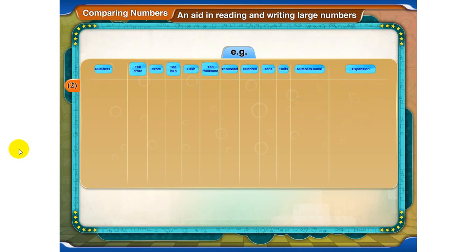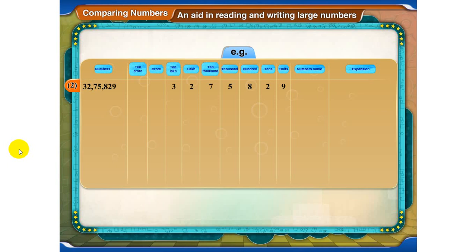2. In 32,75,829, 9 is in units place, 2 is in tens place, 8 is in hundreds place, 5 is in thousands place, 7 is in 10,000s place, 2 is in lakhs place, and 3 is in 10 lakhs place.